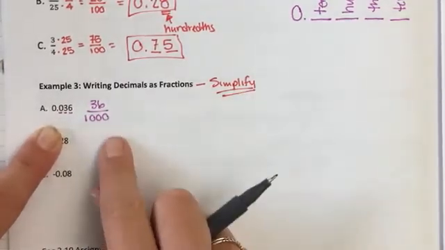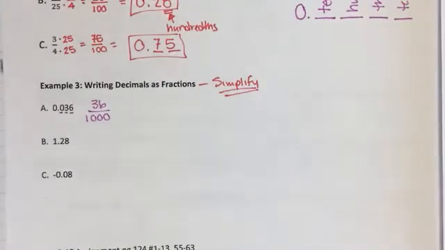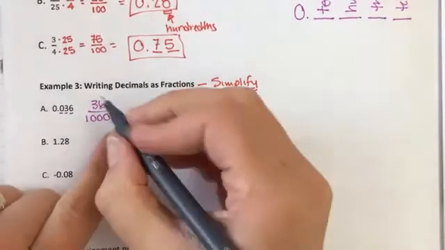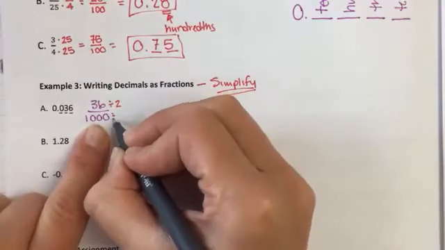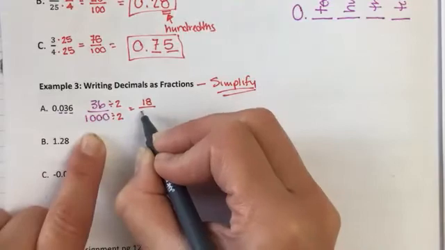Simplify means I need to reduce it. I know that they can both be divided by, you want to divide them both by a 2 to start maybe? That's what a lot of times if we have even numbers, we can divide them both by a 2. 36 divided by 2 would give us 18, and 1,000 by 2 would give us 500.